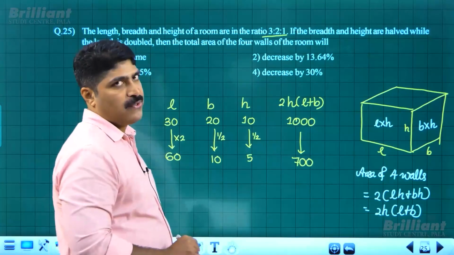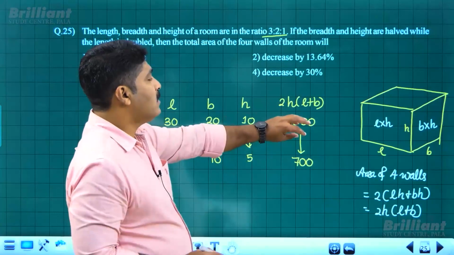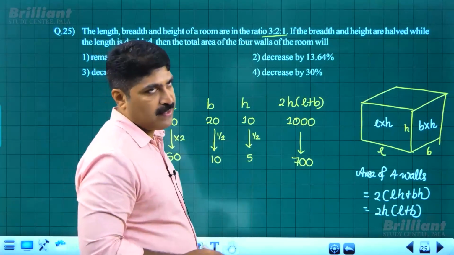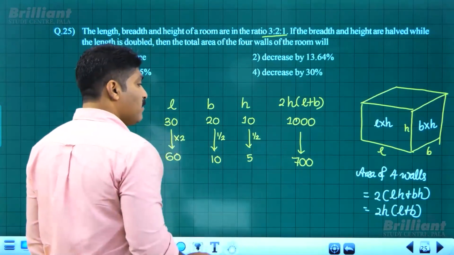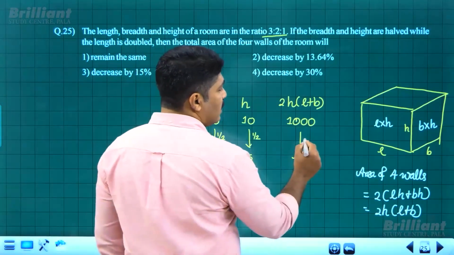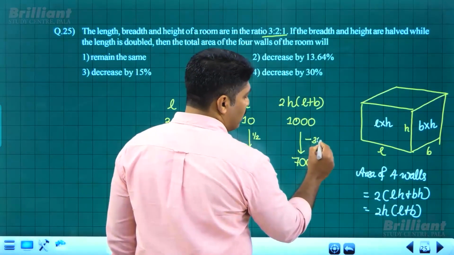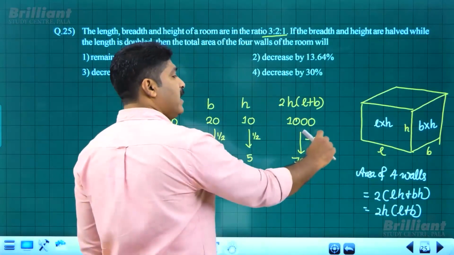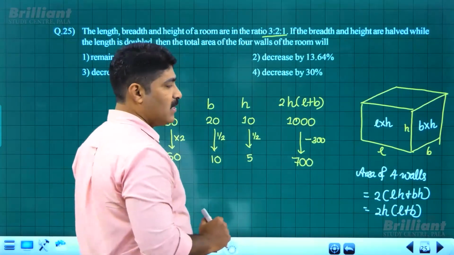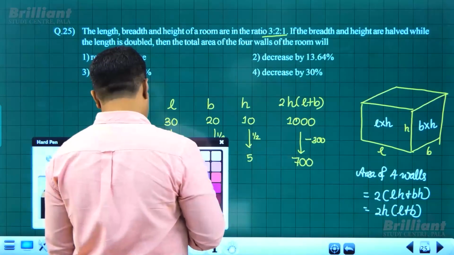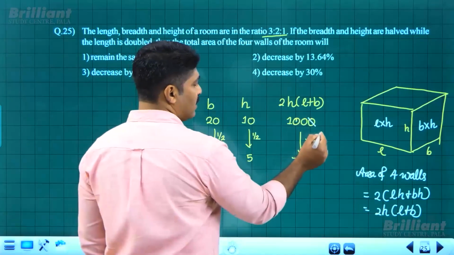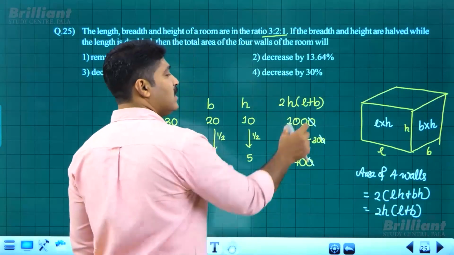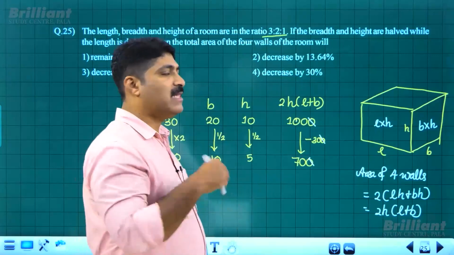So what's the change that occurred here? This 1000 becomes 700, which means there is a decrease of 300 units. So this 300 is what percentage of 1000? You just simply think about the cancellation of these last 2 digits. So this 100 is reduced by 30.